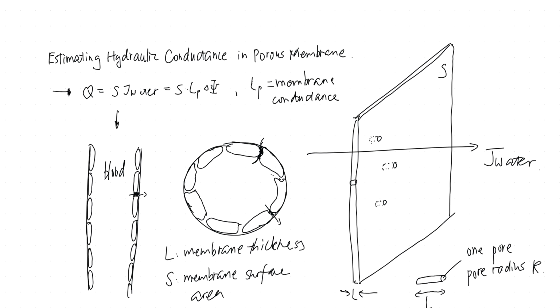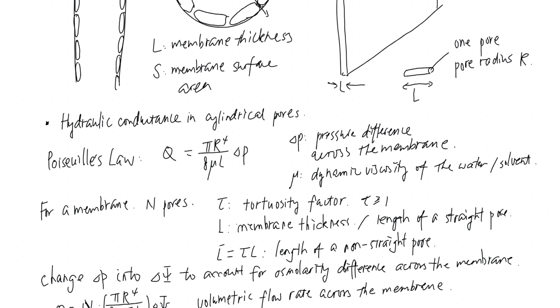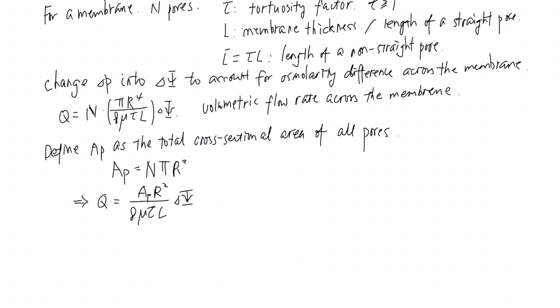If you compare these two relations, you can get the following, which tells us A_P R squared divided by 8 mu L delta psi equals S L_P multiplied by delta psi.